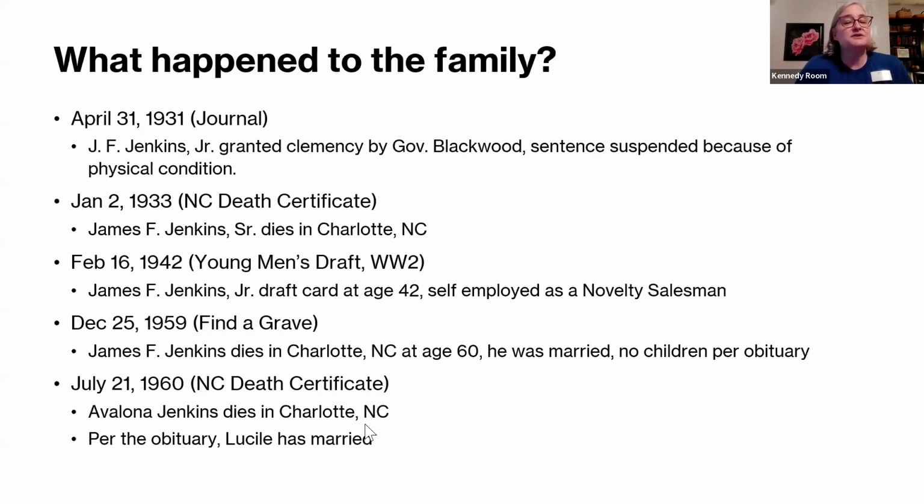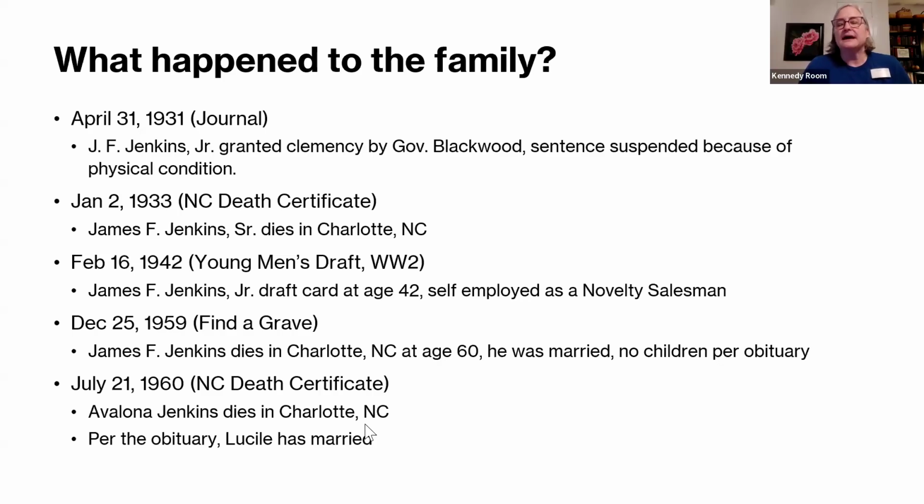February 16th, 1942, we do have James Jenkins Jr. on a draft card at age 42, still self-employed as a novelty salesman. December 25th, 1959, from Find a Grave, we have James Jenkins dying in Charlotte at age 60.